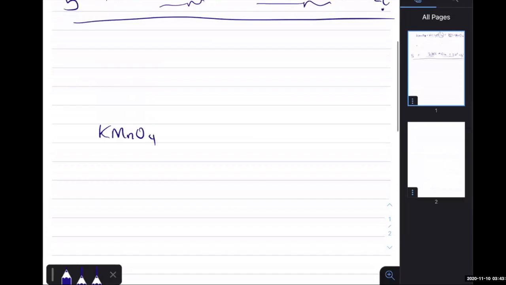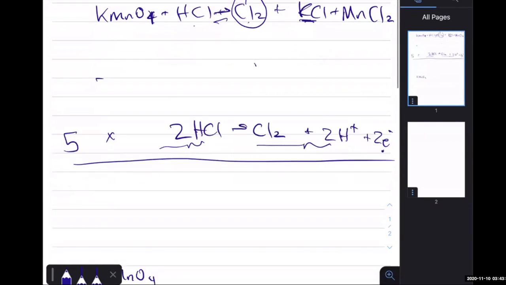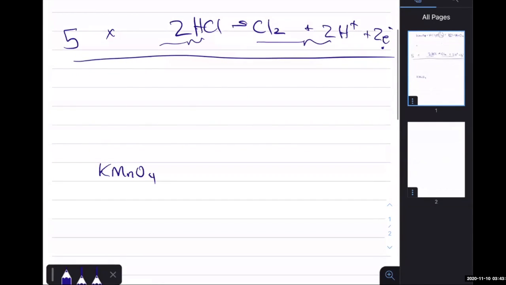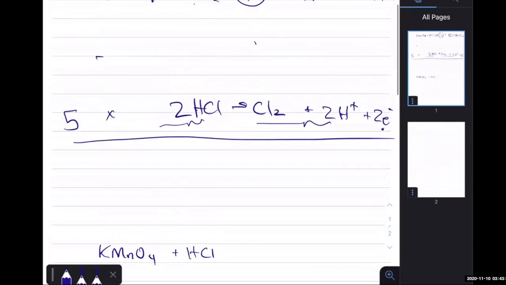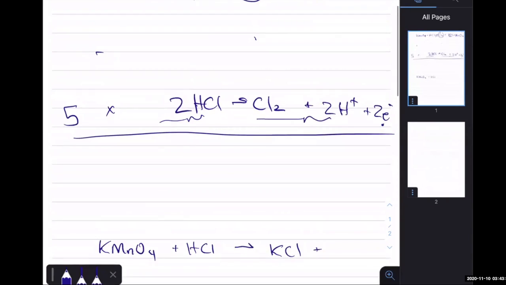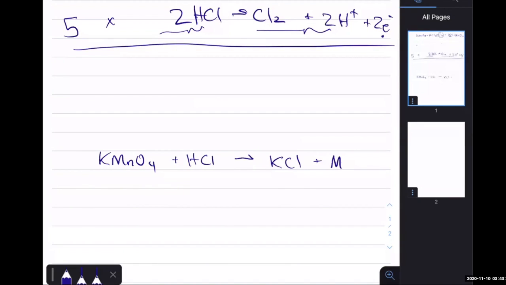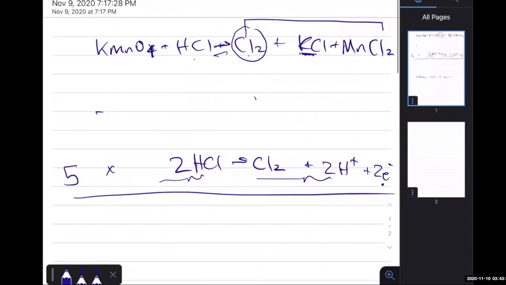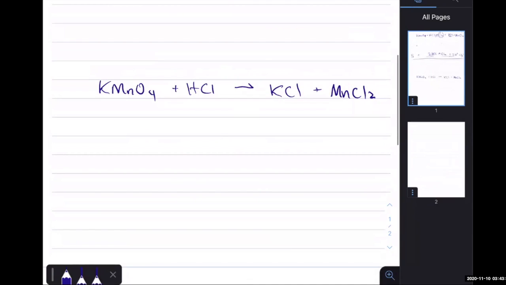KMnO4 is one of my reactants, and then I said that I'm adding HCl to that, and then it's forming KCl plus MnCl2. And in order for this equation to balance, I remember that my potassium is balanced, my manganese is balanced.